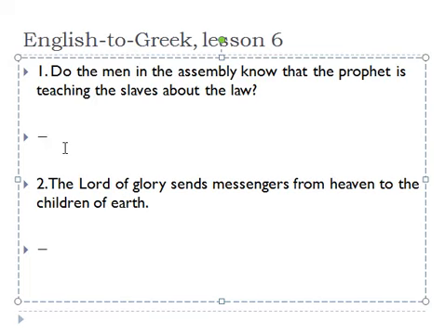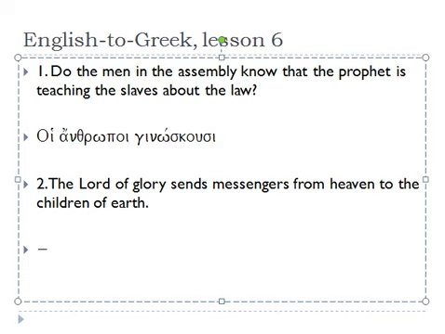So the men know. We probably want hoi anthropoi. "Know" will be ginosko, but we want the third plural form, so ginoskousi. How are we going to handle "in the assembly"?